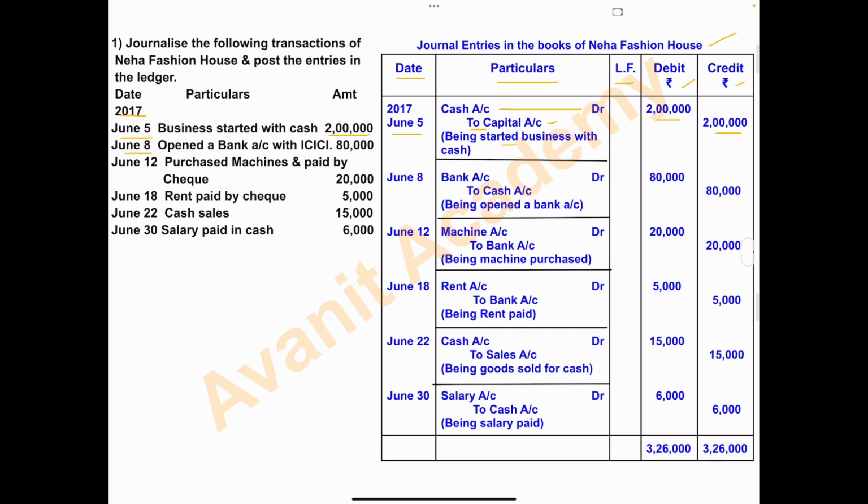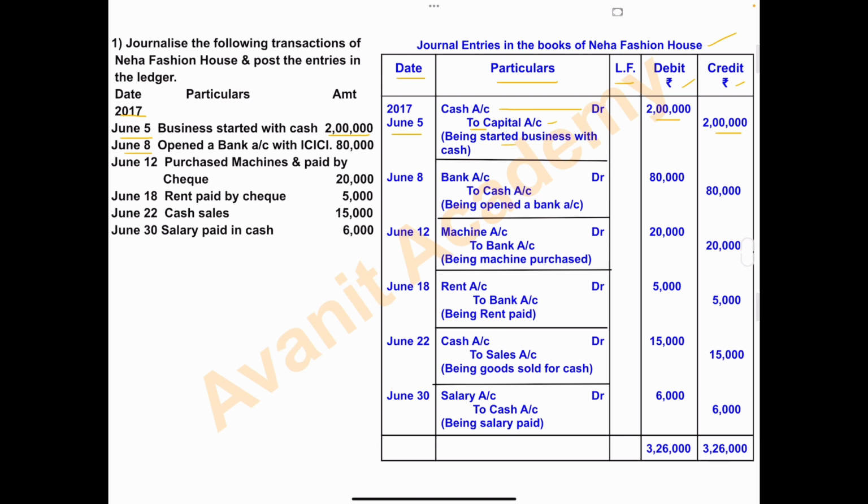On June 8, opened a bank account with ICICI rupees 80,000. So in this transaction, we have to prepare bank account and another is cash account. Deposited money in the bank account or opened a bank account means the bank balance will increase, and cash at bank and cash in hand both are asset, and as per the rule of asset, that is rule of debit and credit, increase in assets is to be debited and decrease in assets is to be credited.